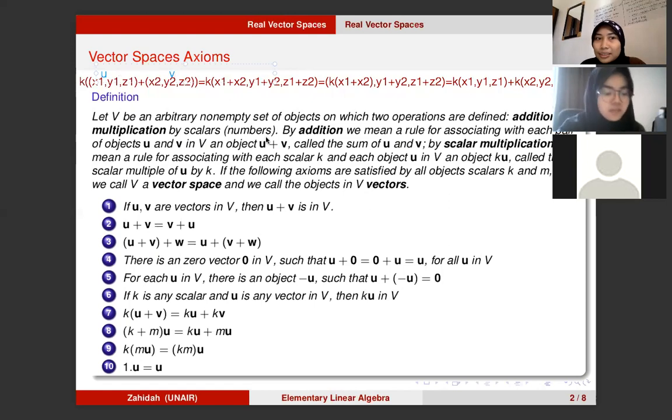So we no need to look at the k(x, y, z) equal to k(x, y, z), so it is only this. Then the last equation gives k times u plus k times v, right? So axiom 7 still holds.